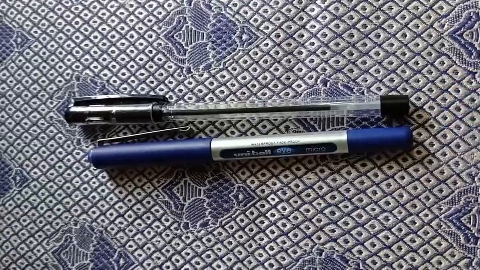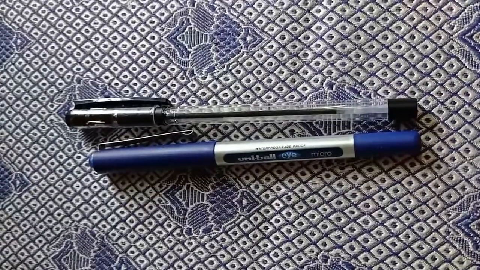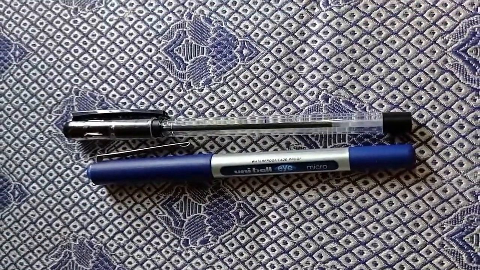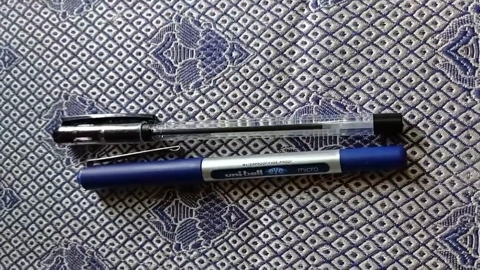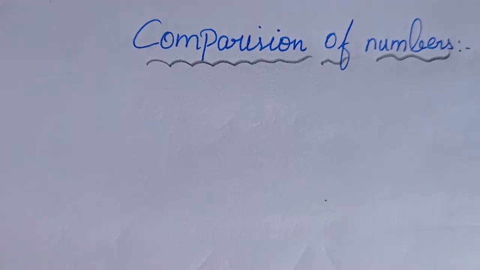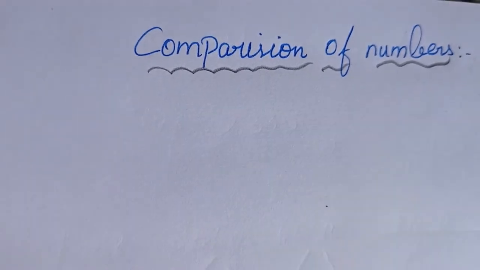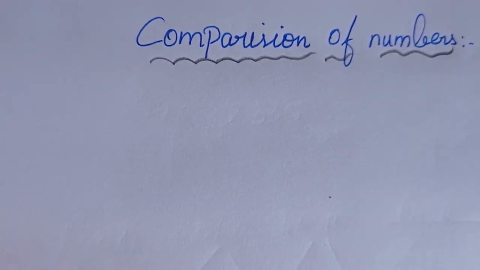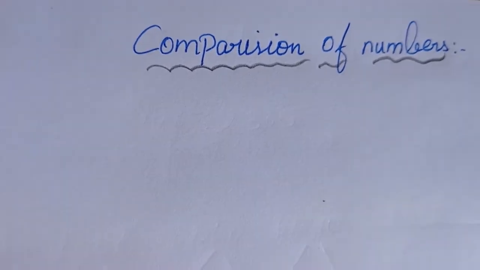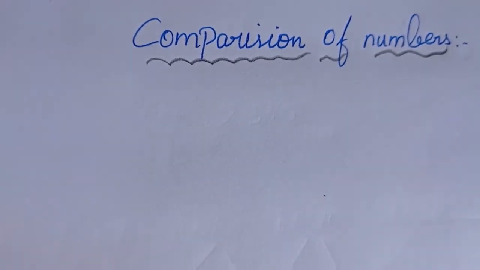So like this, now we are going to compare 4-digit numbers. Children, comparison of numbers. What is comparison? We can compare two numbers to find out which number is greater, which is smaller, or which is equal.